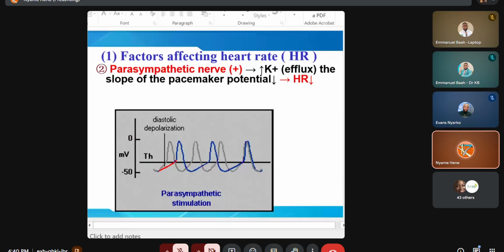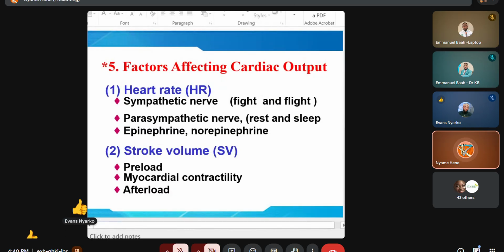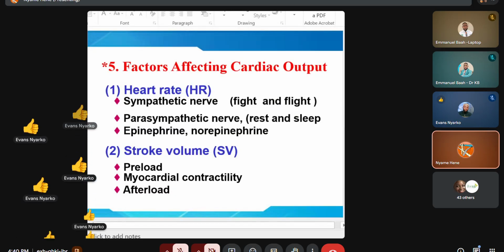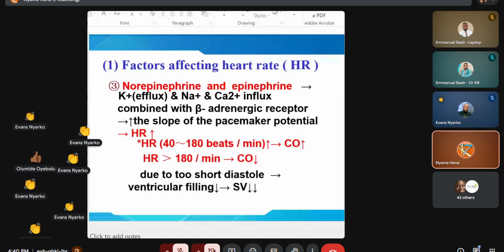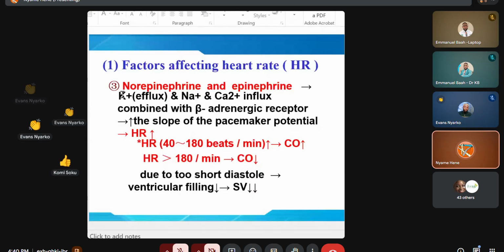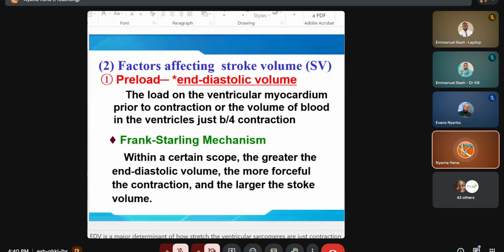This very slide shows sympathetic, parasympathetic, and there are some explanations over here. Now the epinephrine and norepinephrine, they are going to act on them to either increase or reduce heart rate. They also function like the sympathetic nervous system.